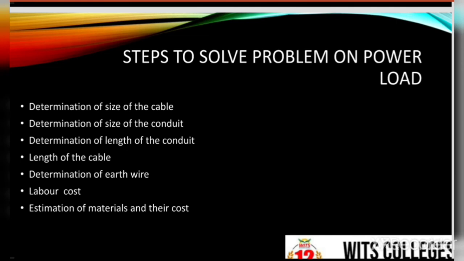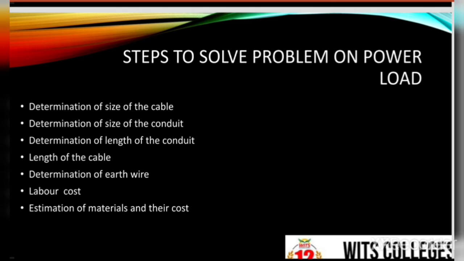Now let us discuss the steps we have to follow to find out the power load. First of all, we have to determine the size of the cable. It can be determined by calculating the full load current and the starting current of the motor. The next one is determination of the size of the conduit.